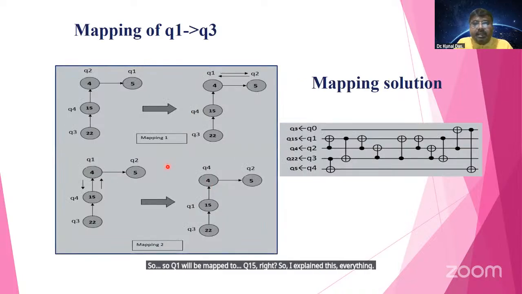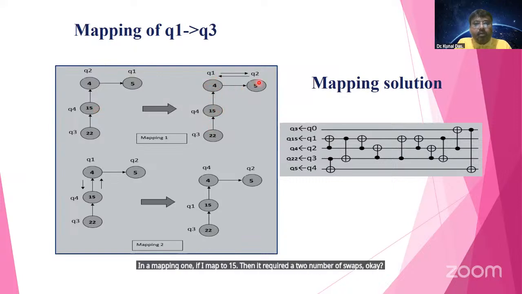And next again, Q1 to Q3, how Q1 and Q3 will be mapped. That is also explained here. So you can see the 2 mappings I've shown. In mapping 1, if I map to Q15, then it requires 2 swaps.